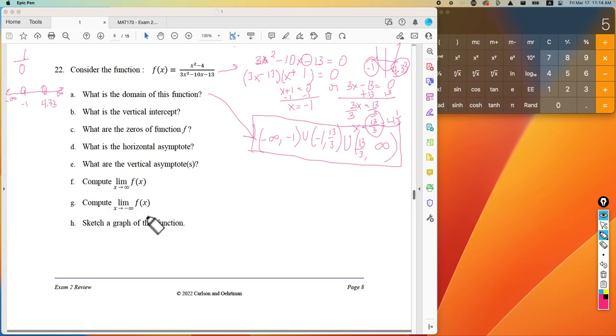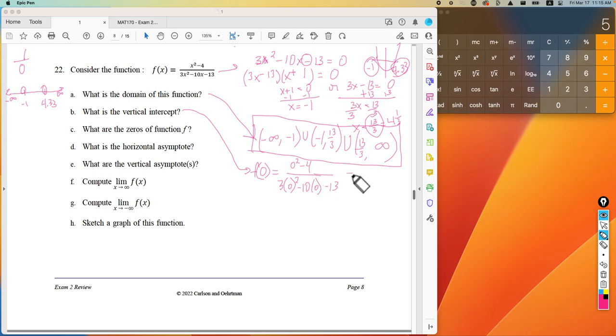While we're here, they want us to sketch the graph, so let's remember these things. What is the vertical intercept? Well, remember, vertical intercept is the y-intercept. It happens whenever x is equal to 0. So we find the function value when x is 0. So we get 0 squared minus 4 over 3 times 0 squared minus 10 times 0 minus 13.